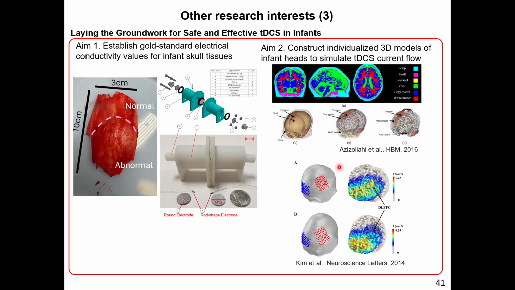Basically, I'm collaborating with a neurosurgeon in our hospital, and we are trying to collect infant scalp tissue during their surgeries and build a measurement experiment. We want to measure the conductivity values of the infant scalp, and based on that, we want to build an individualized 3D model of the infant head so that we can simulate the TCS current flow.